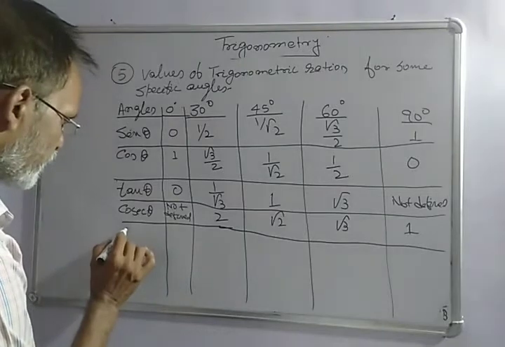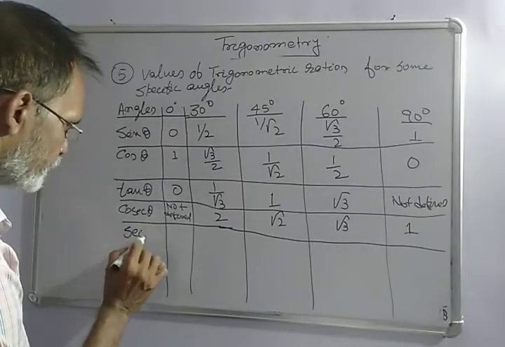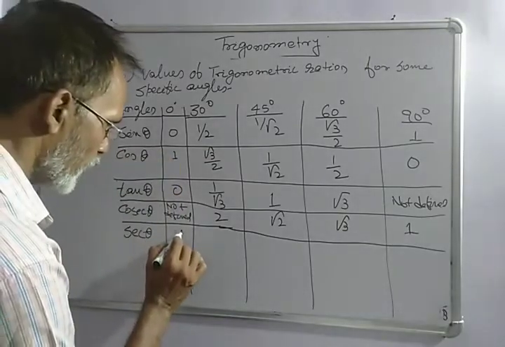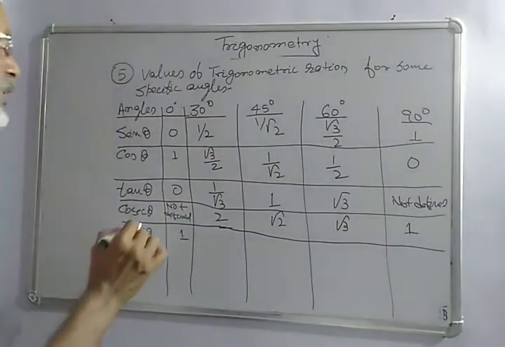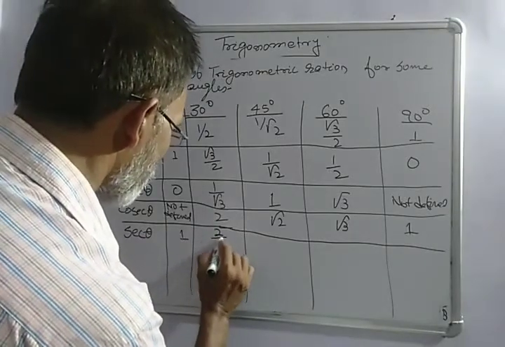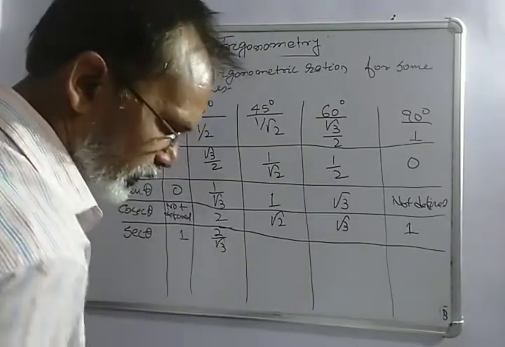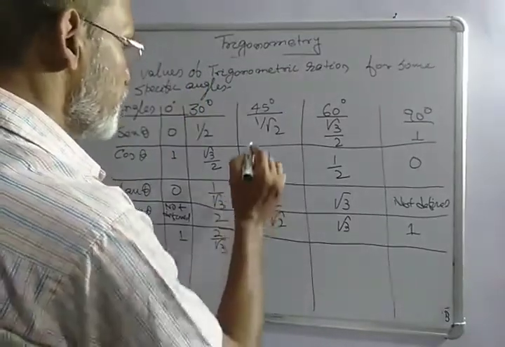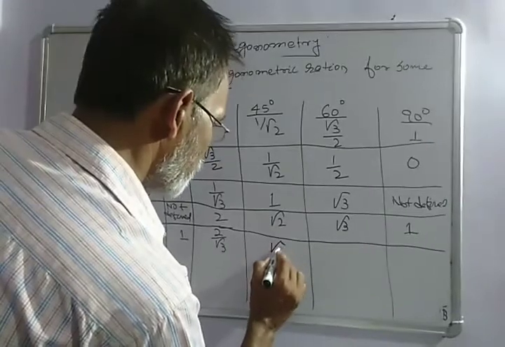Then after cosec, this is sec theta. Sec 0 is equal to 1. Sec 30 is equal to 2 by root 3. Sec 45 is equal to root 2.